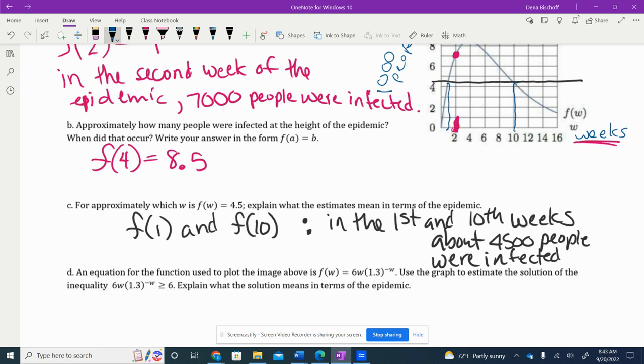So here's what this is saying. It's saying that this is the function used. Our output is greater than 6. So when was it that our output was greater than 6? Let's start with that. When was our output on this graph greater than 6?